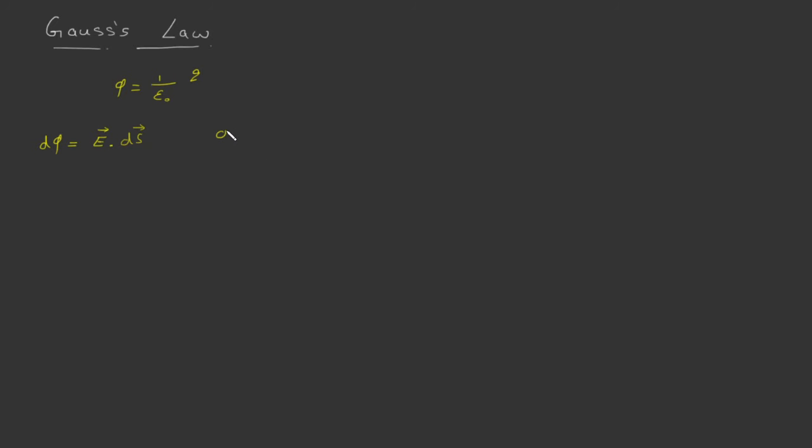Then total flux phi through that closed surface is closed integral E dot ds. And by Gauss's law, it is equal to 1 by epsilon 0 times the Q. So this is the statement of Gauss's law.